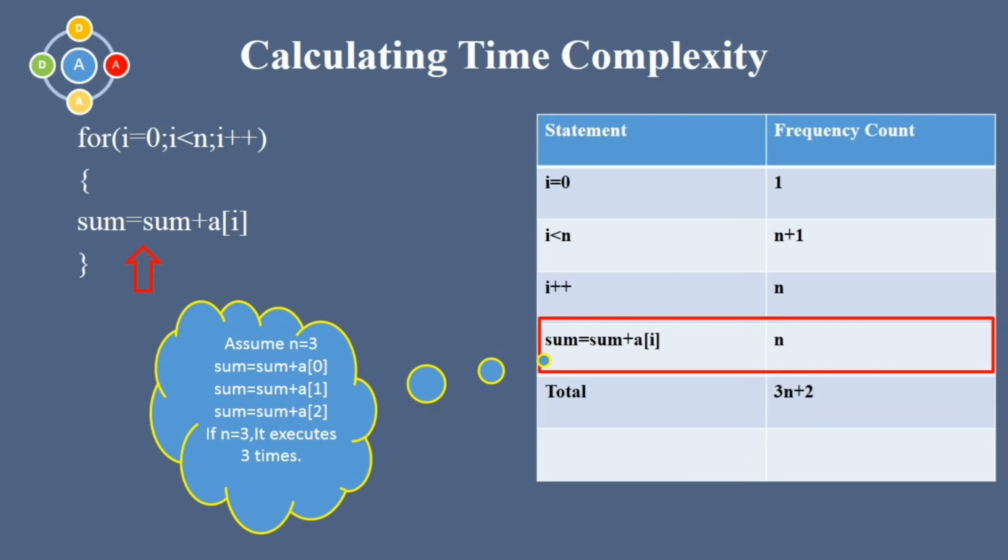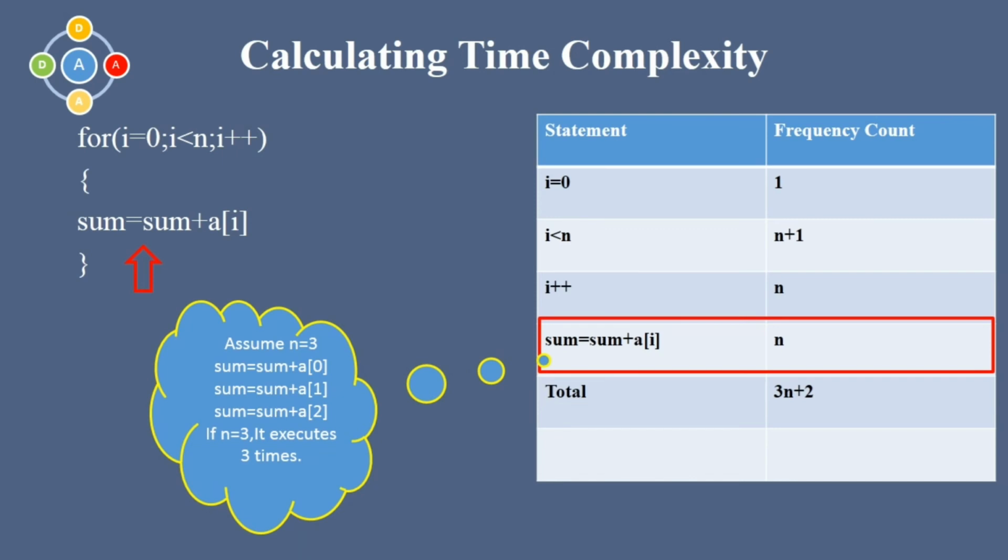We know the initial i value is 0. So it will check the condition 0 less than 3. Yes, the condition is true. So it will enter inside the for loop. Inside the for loop we have the statement sum equal to sum plus a[i]. So here we calculate sum plus a[0], then we store the result in the variable sum.